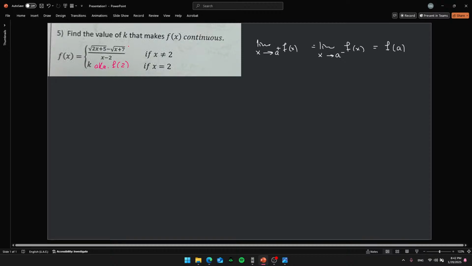And this one is the limit. It's not from the right or left, it's in general from both sides.